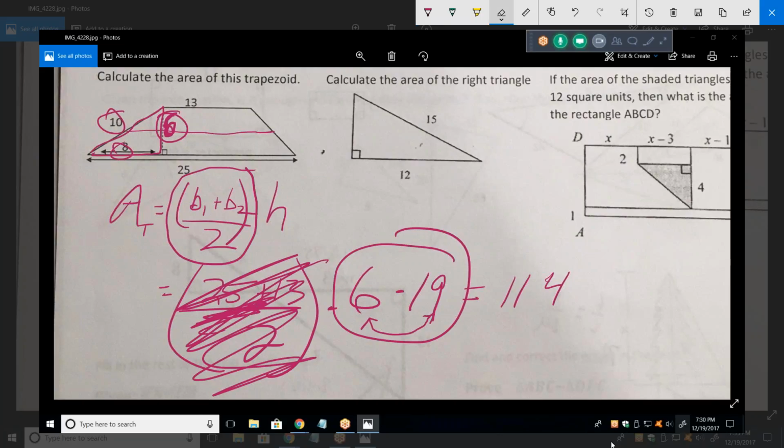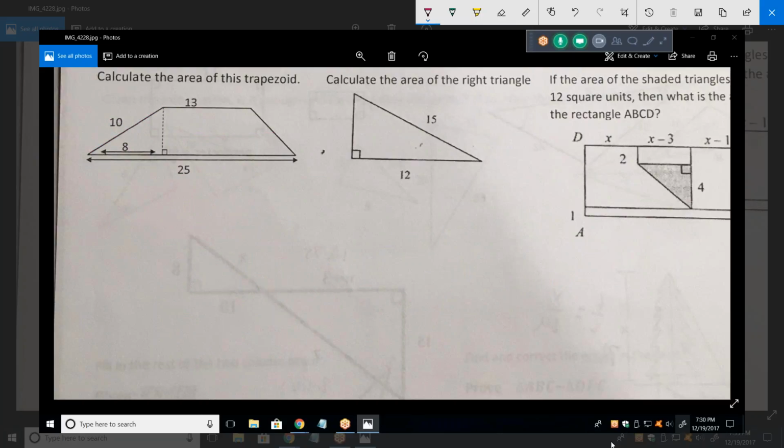Now, what kind of triangle is this? They want the area of this triangle also. So we need to figure out what H is. What's the area for a triangle, first of all? Don't look that up.